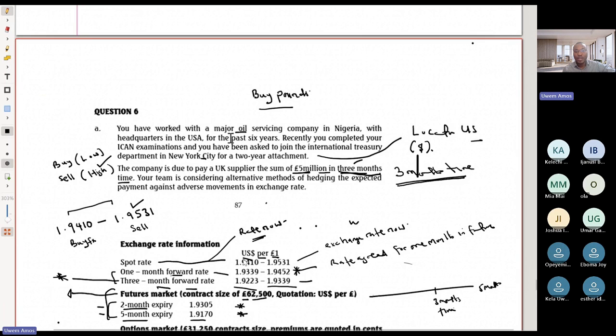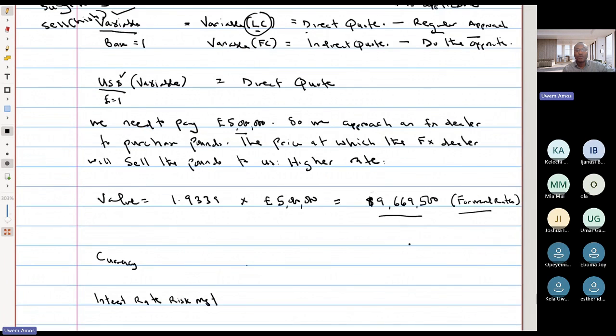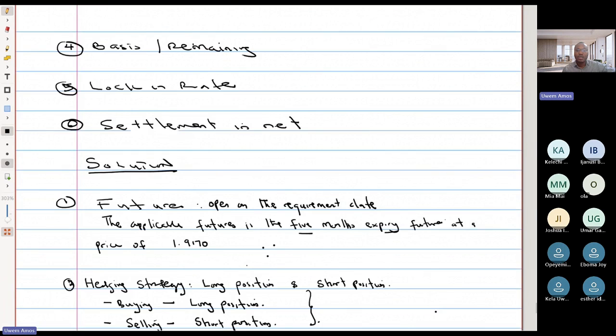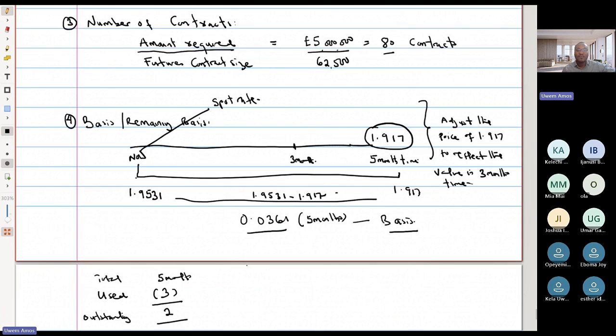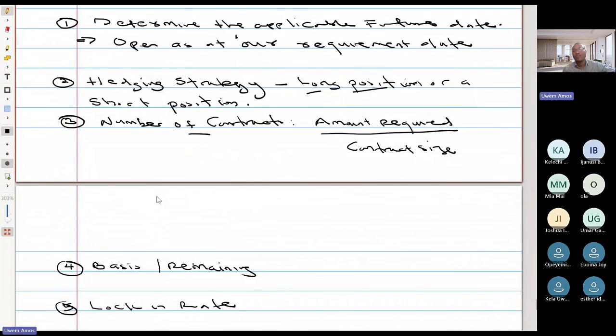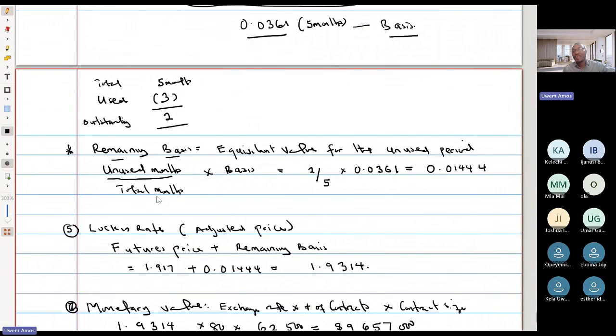Okay. So if you replace, for all of the steps we've discussed right now, 1.539531 with 1.9410, which is what you have in the pack, you're going to have the exact answer you have in the pack. But that is not the right solution, because if you have two rates, the high and the lower rate, an FX dealer will not sell pounds to you at the lower rate.